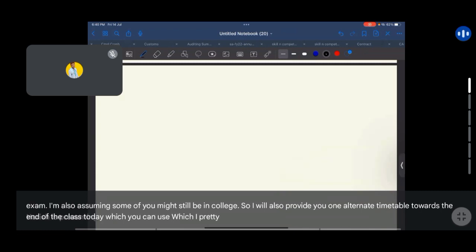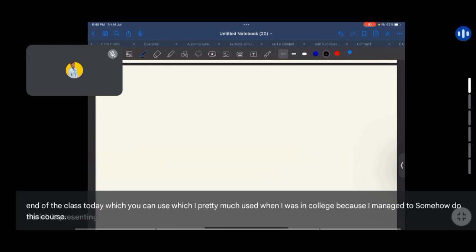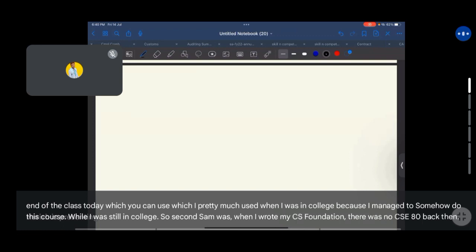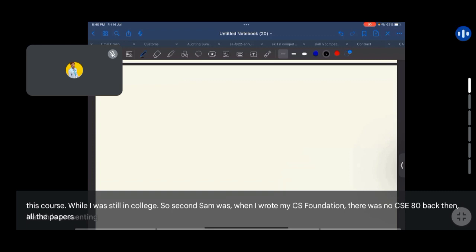which I pretty much used when I was in college, because I managed to somehow do this course while I was still in college. So second sem was when I wrote my CS foundation. There was no CS EET back then. All the papers were descriptive also. But in CS executive, we used to have 8 papers and all of them were again descriptive.